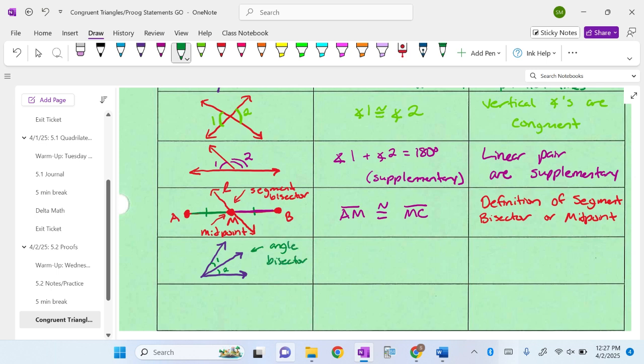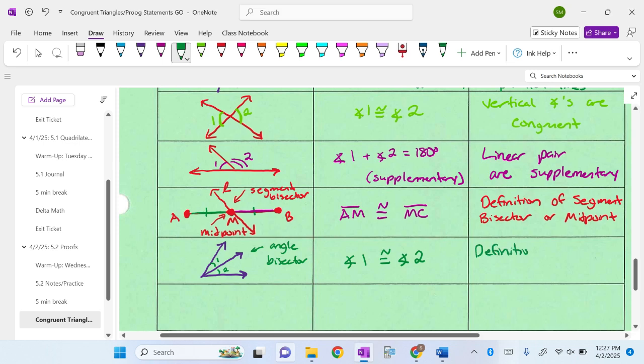What does that mean for angle 1 and 2 if the middle segment is an angle bisector? They're congruent to each other. That angle bisector cut the big angle in half, which means the tiny angle 1 is congruent to the tiny angle 2. And again, that's by definition of angle bisector.